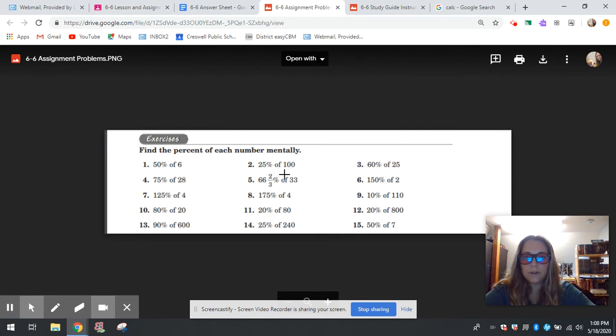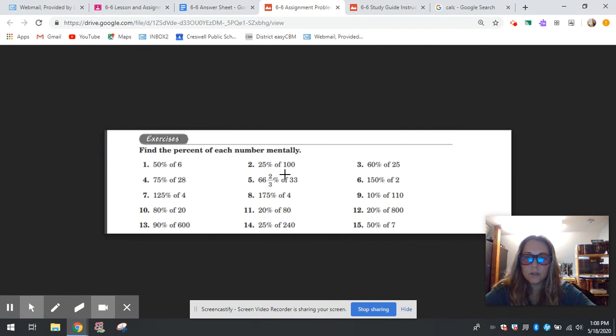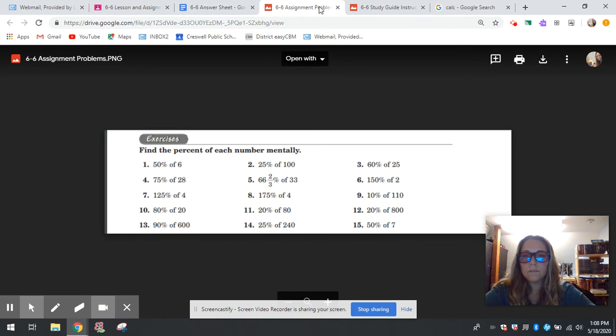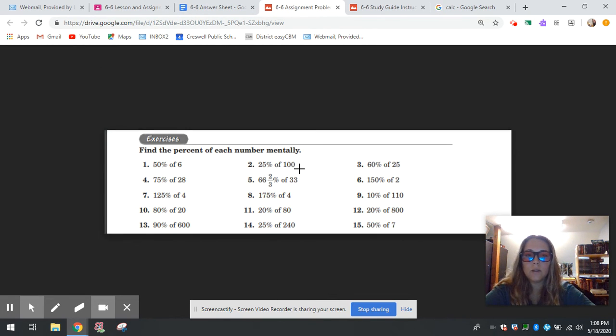Number 2, 25% of 100. Well, percents are out of 100, so 25. Another way that you can do this if you cannot do it mentally is to turn the percent into a decimal and multiply it by the number that you're trying to find the solution to.